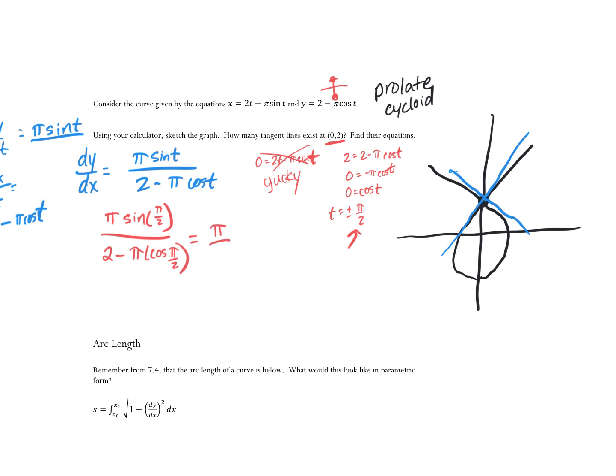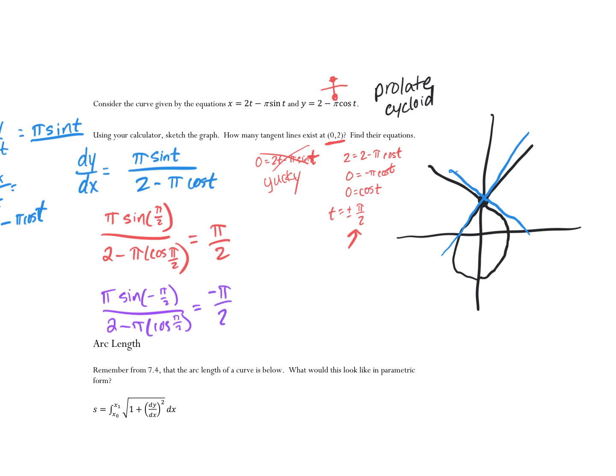In my denominator, the cosine of pi over 2 is 0, so pi times 0 is 0, and I end up with pi over 2. Now, if I plug in negative pi over 2, the only thing that's going to change is the sign of the numerator.